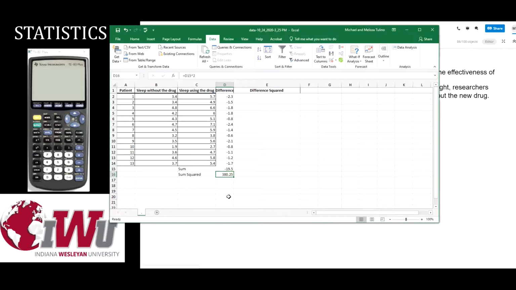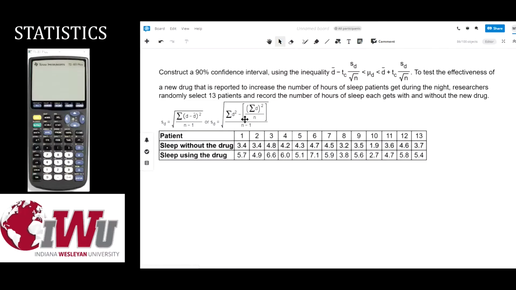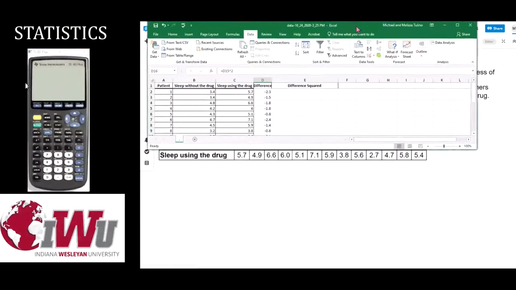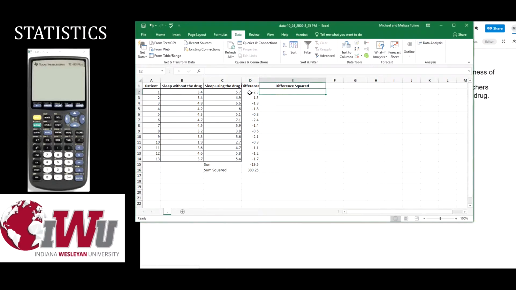Now, if we take a look here, the next part we need is the summation of the differences squared. Okay, so let's get that here. Let's bring Excel back up. So we're going to take these here, equal to, take that cell, caret 2.